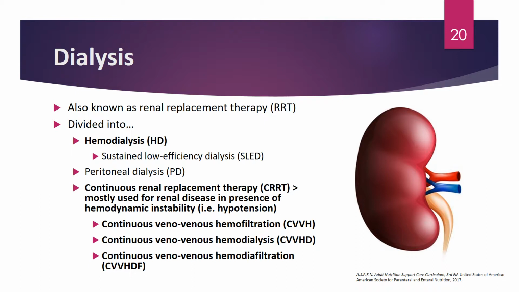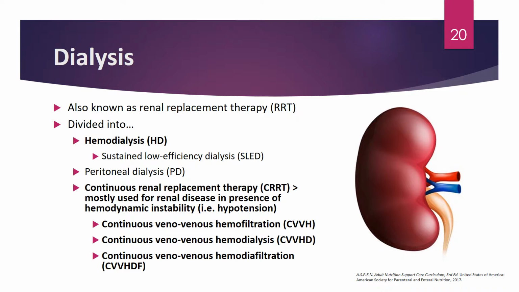The big difference for continuous renal replacement therapy and why it's used in hypotension is that it takes off a lot less fluid, or it takes off fluid over a longer period of time.